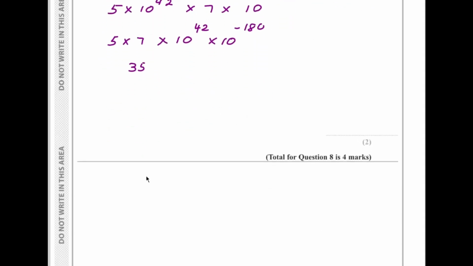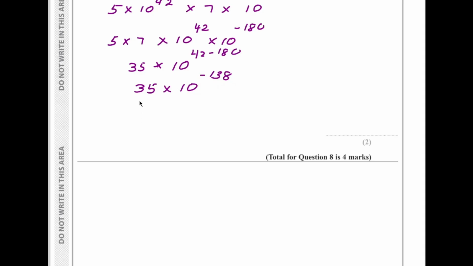And here when multiplying, I know that I need to add the powers of the indices. So therefore, 42 minus 180. 35 into 10 to the power, once we simplify this one, we are getting minus 138.